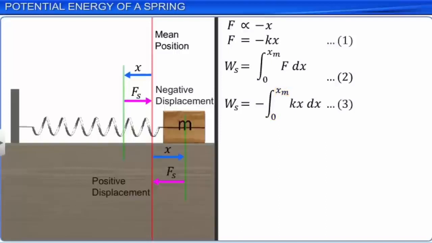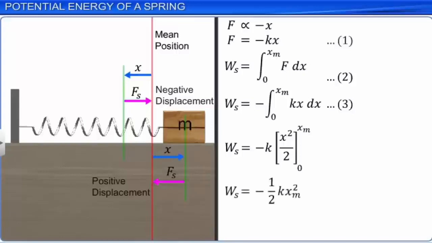On integrating equation 3, we get W is equal to minus k into x square by 2 in the limits 0 to xm. Thus, we get the work done by the spring force equal to minus half kxm square.